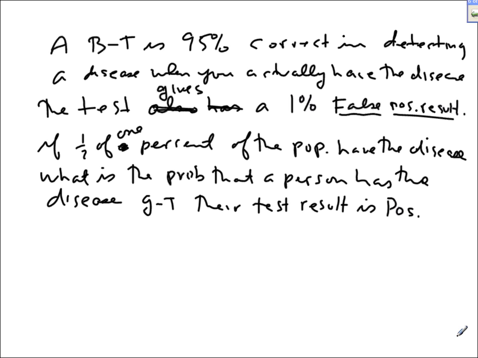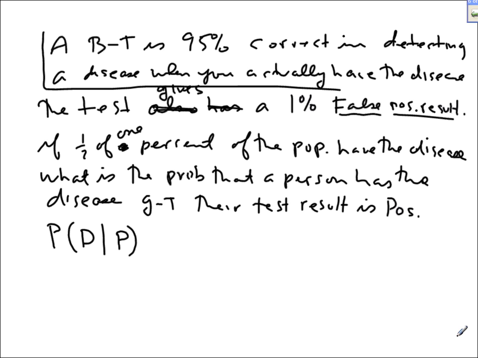I'm going to use the letter D for disease and P for positive, and in case I need it, N for negative. So we want to know the probability that somebody has the disease given that the test result is positive. Okay. Now, let us look and see what we are given.